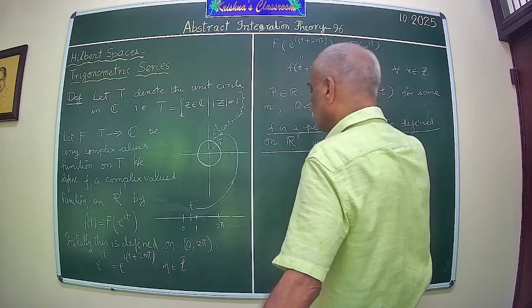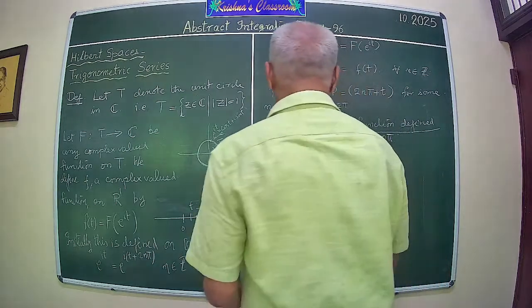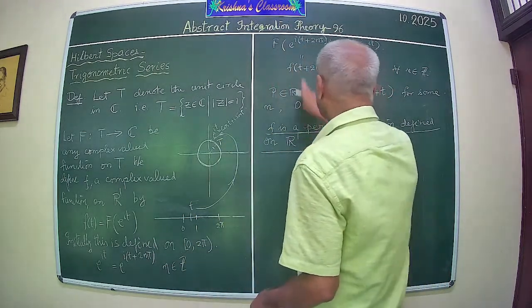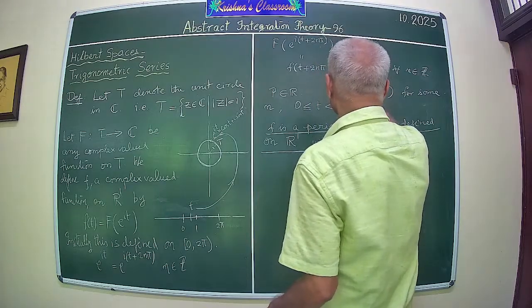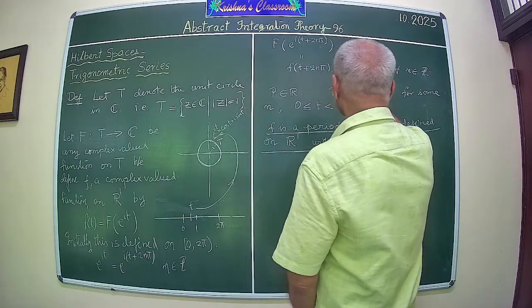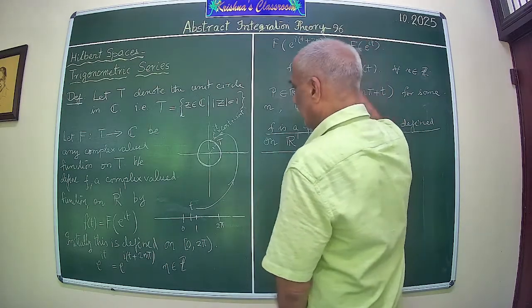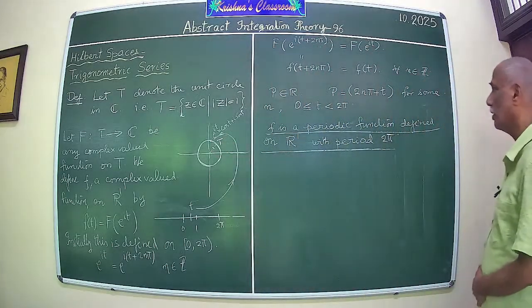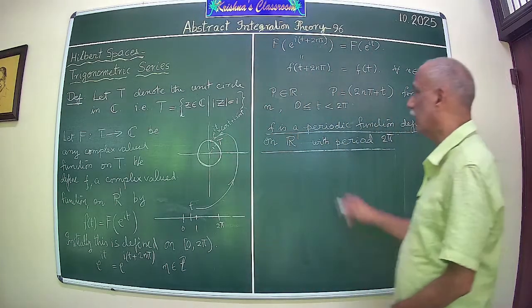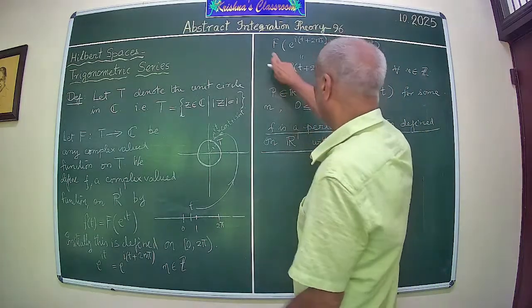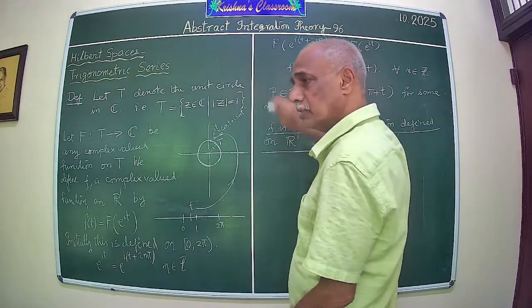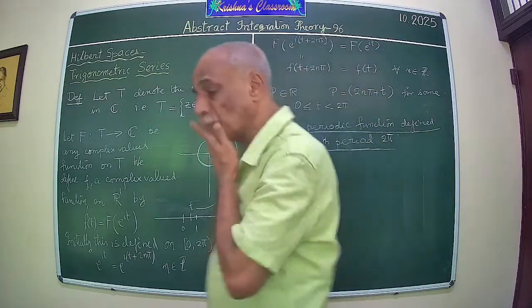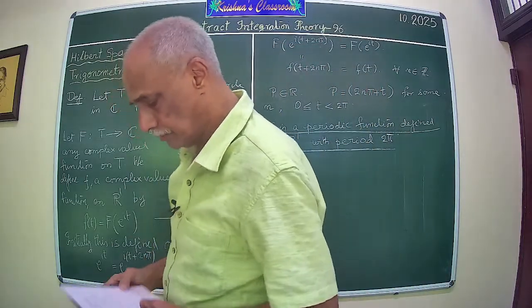Then f of t plus 2n pi turns out to be f of t, because of the way in which we have defined capital F. Therefore, the small f that you create out of capital F turns out to be a periodic function with period 2 pi.